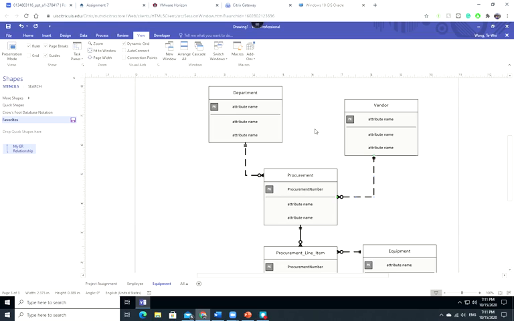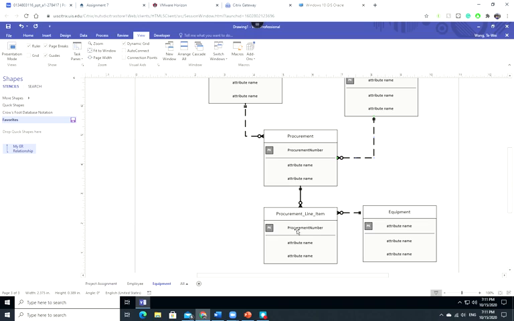Another easy way to identify a solid line or dash line is that every solid line needs to have a foreign key involved, right? So in this case, you need to have this foreign key identified for the weak entity. A weak entity needs to have a foreign key used as a primary key. That's the main difference. All right. I hope that's clear enough.